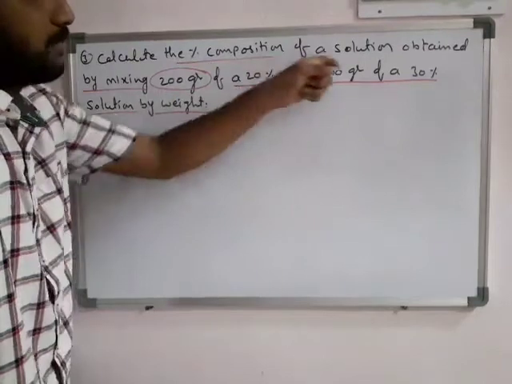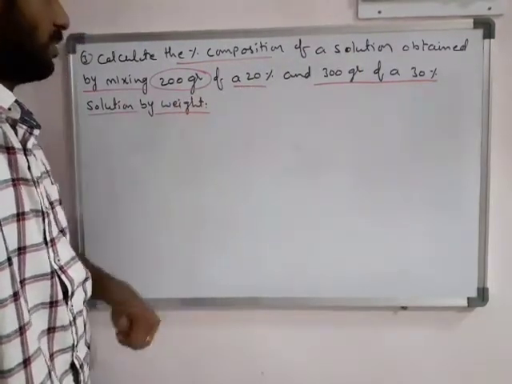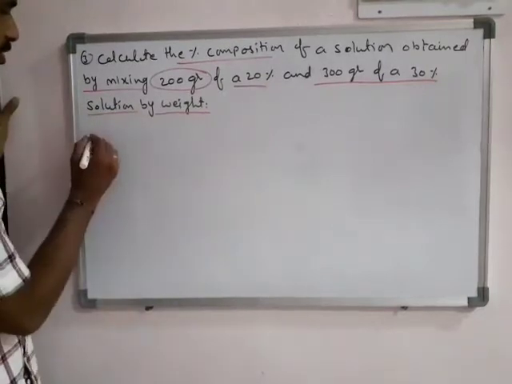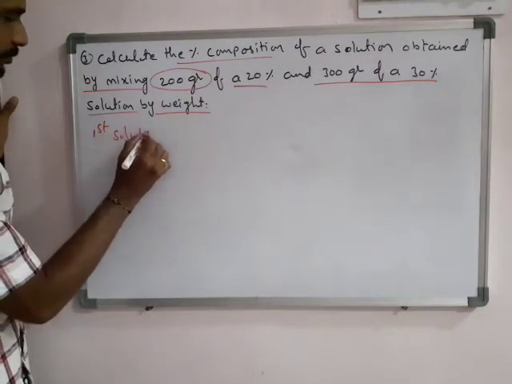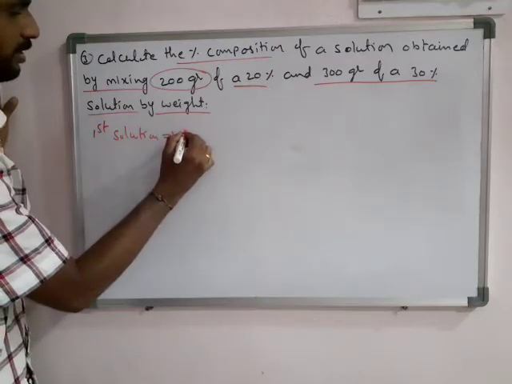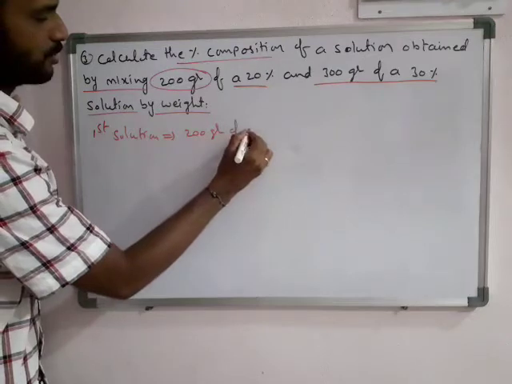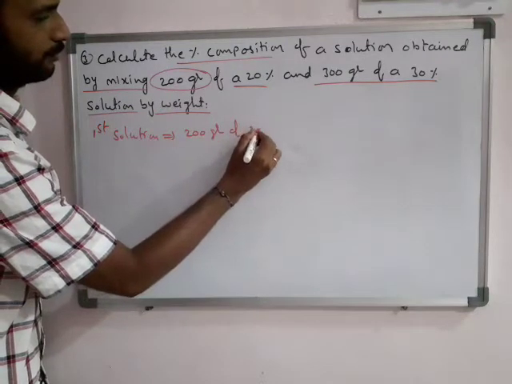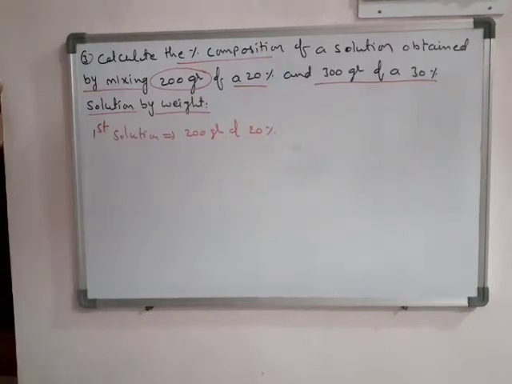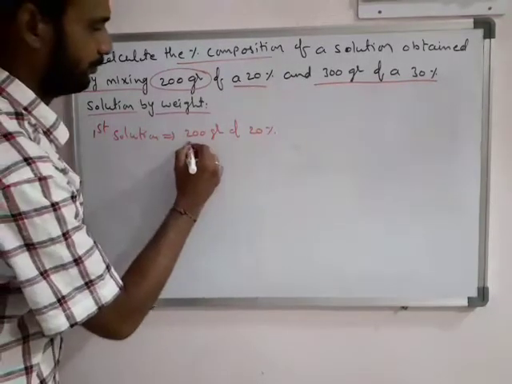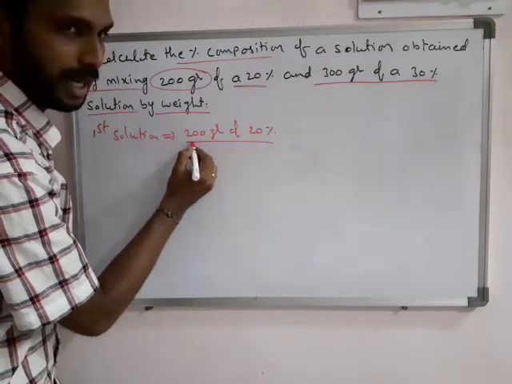A solution is prepared by adding 2 solutions. So what is the first solution? The first solution is 200 grams of 20%. Total weight of the solution is 200 grams.